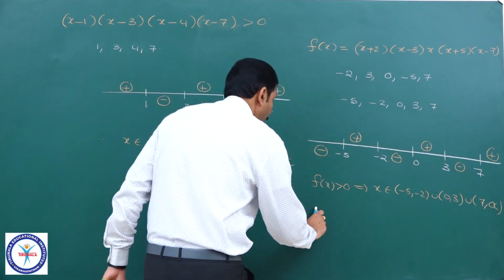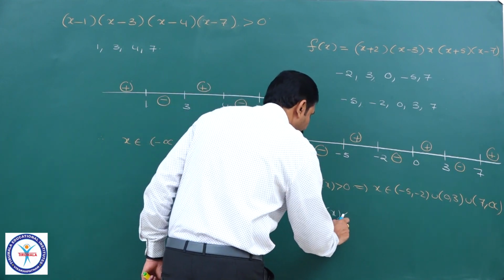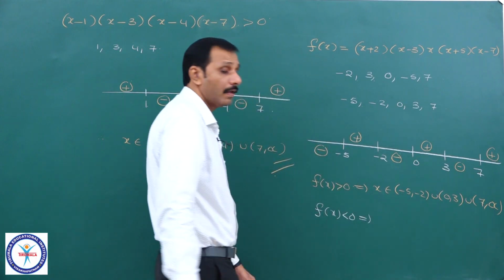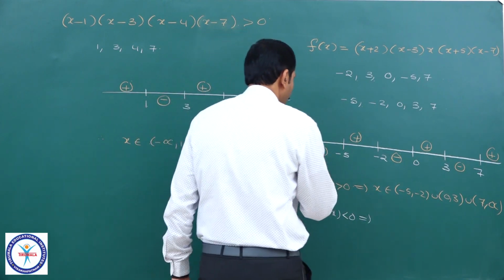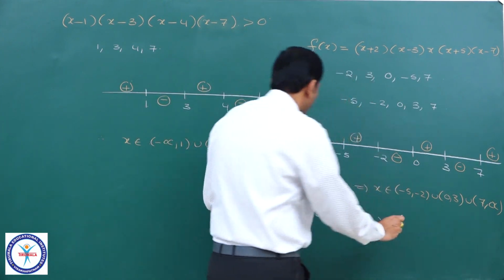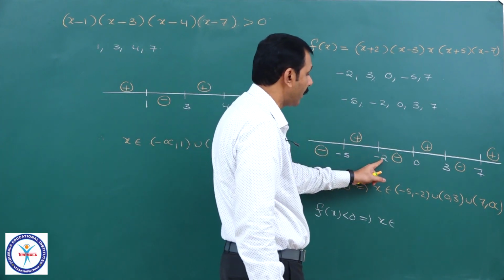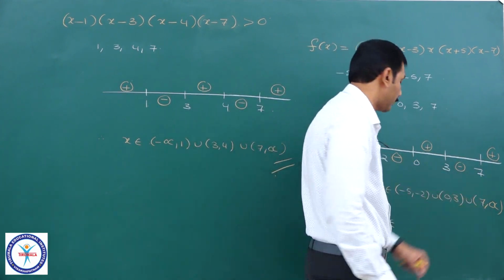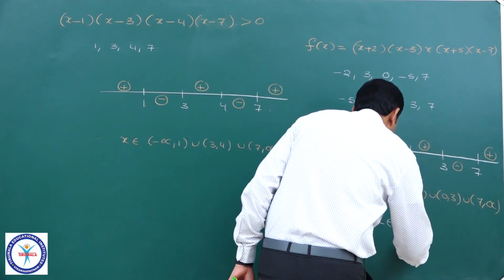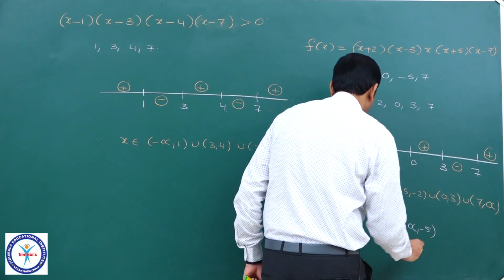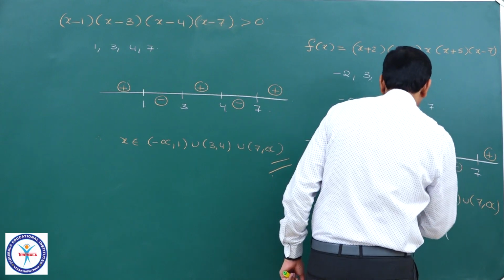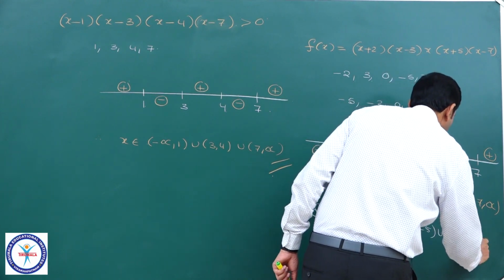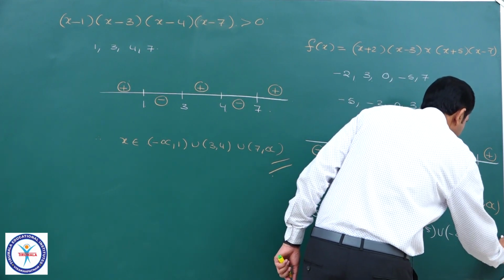And next, if I want values of x where f of x is less than 0, x belongs to (minus infinity, minus 5) union (minus 2, 0) union (3, 7).